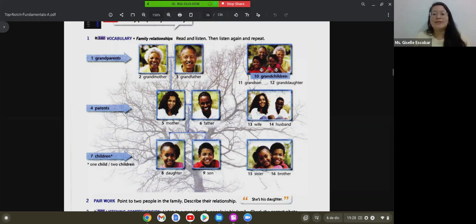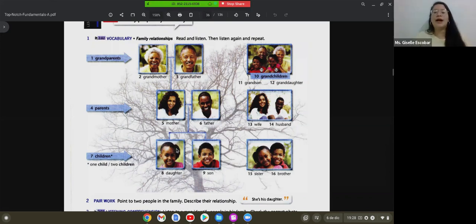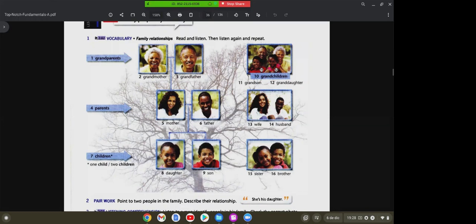Perfect. So let's see. Number 9 and number 2. Can you tell me their relationship? Who is he? ¿Quién es él? Grandchildren.